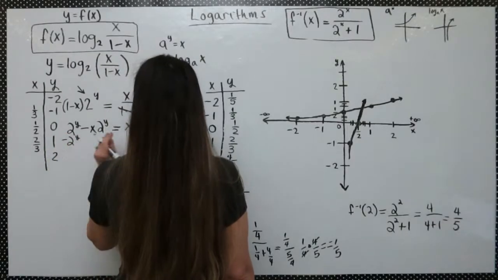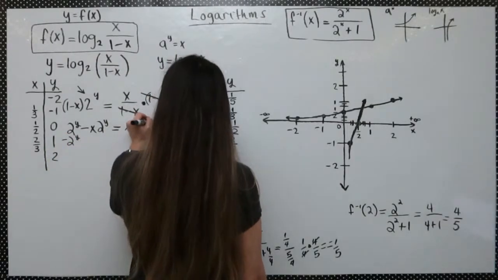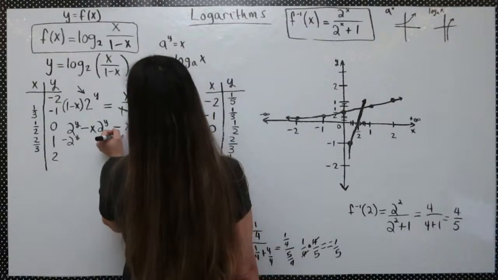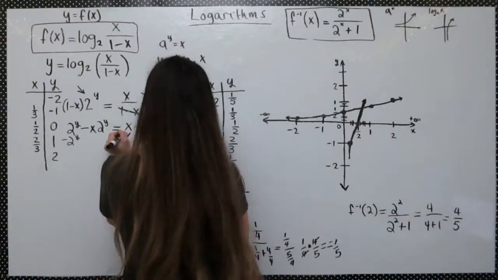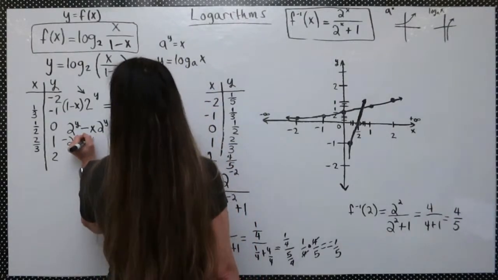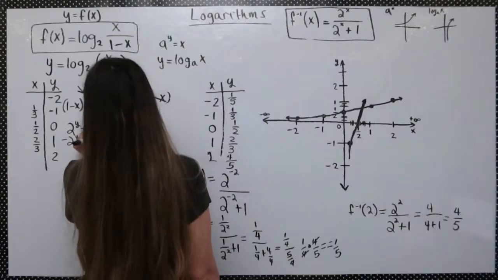So I'm just going to subtract the quantity 2 to the y from both sides, and then also subtract the quantity x from both sides.